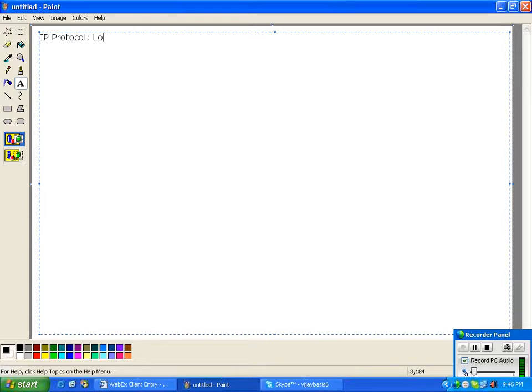I can allot an IP address. To identify a node in the network, we use an IP address. It's a logical address.